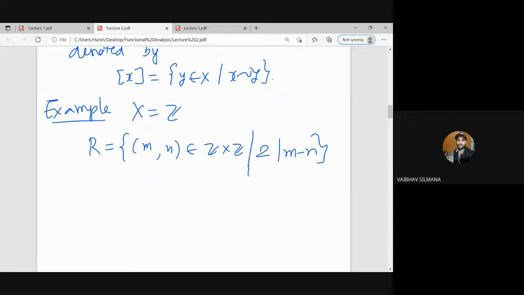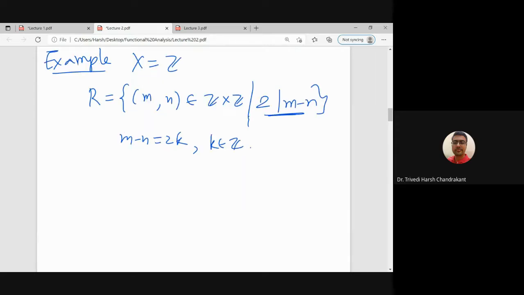Yes, so two classes will be: one of even terms, and the other of odd terms. Yeah. So first of all, this criterion is basically m minus n equals 2 times k for some k belongs to Z. So that means all the numbers whose difference is an even number, right?